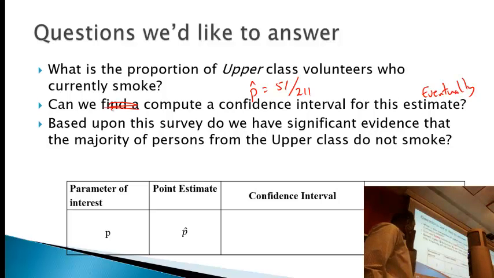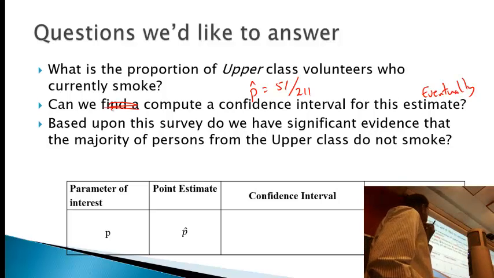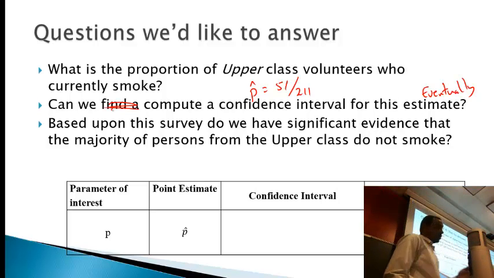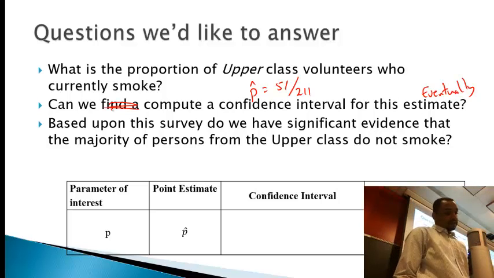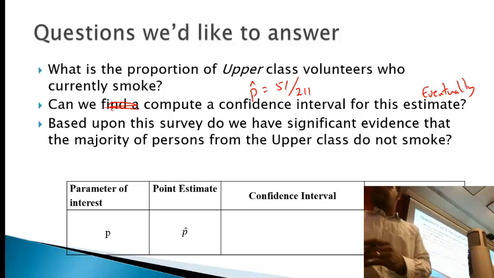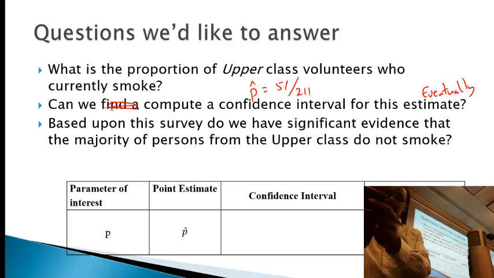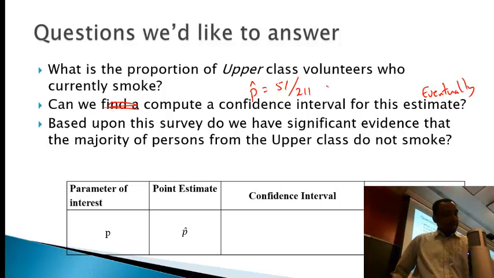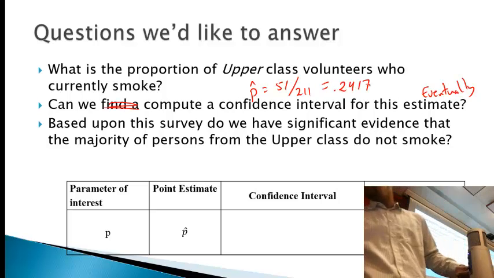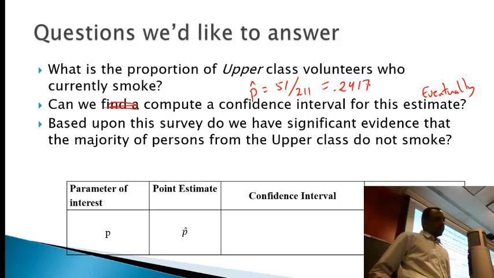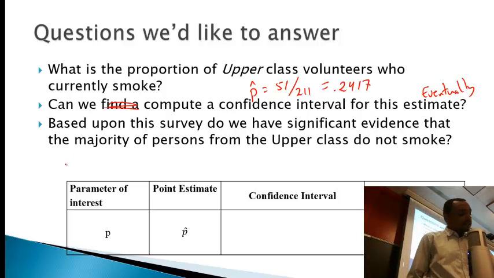Based upon this survey, do we have significant evidence that the majority of persons from the upper class do not smoke? Well, 51 out of 211 is less than 50%. 24%, 24.2%. Okay, so here's a good example.